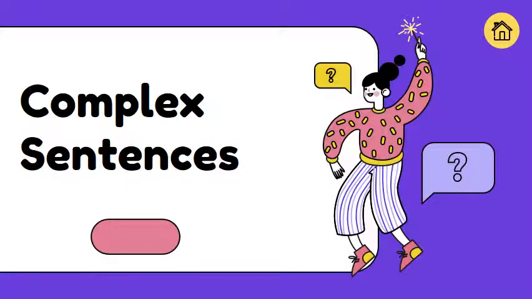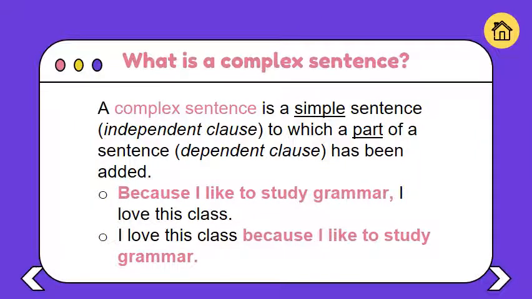Okay, now it's time to start with the complex sentences. What do I mean by complex sentences? Let's see. First of all, what is a complex sentence? A complex sentence is a simple sentence, or an independent clause, to which a part of a sentence, the dependent clause, has been added.